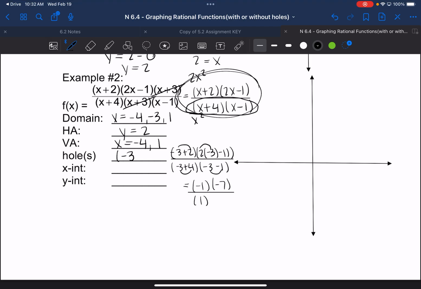Negative 3 minus 1 is negative 4, right? So in the top, negative 1 times negative 7 is going to give me a positive 7 over negative 4. Good. So we are going to have a hole at negative 7 over 4.